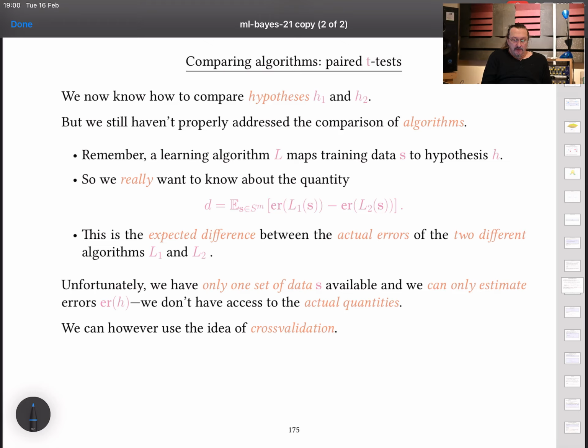So, we need to remember that there's a learning algorithm that takes training data S and maps it to the hypothesis, to the classifier H in each case. And that means that what we really want to know involves this measurement. Okay?